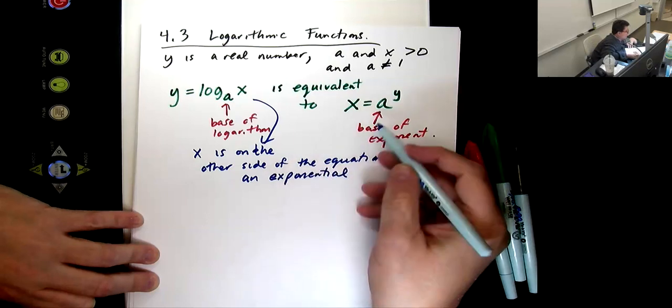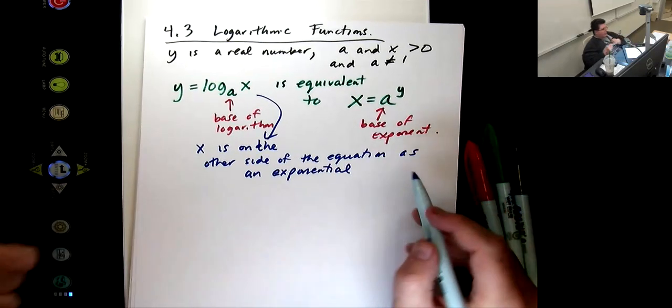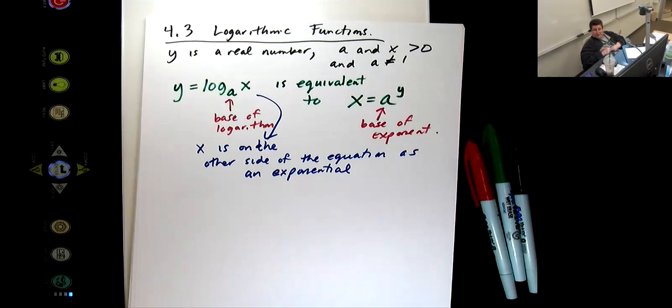And that tells me where y has to be if x is on the other side from a. If you've got a different way you'd like to memorize it, whatever gets you through, please do. But there's three things and we need to know how they switch from one to the other. They are literally equivalent.